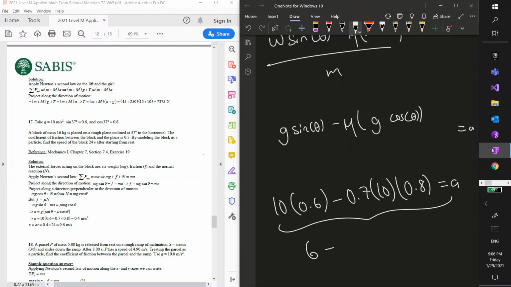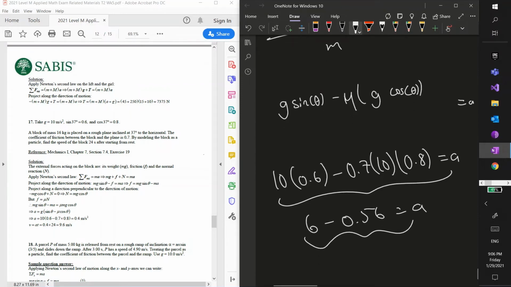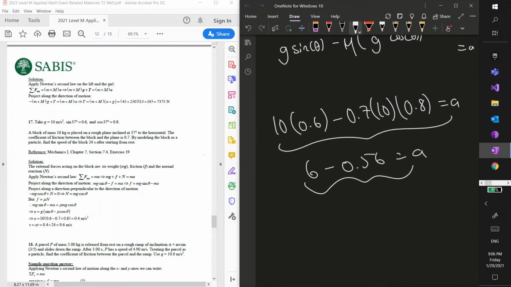You solve, let's use a calculator, times 0.8, you get 0.56, and that's your a. So your acceleration is equivalent to, no, sorry, I did something wrong. So you solve that and you get 0.4, that's your acceleration.